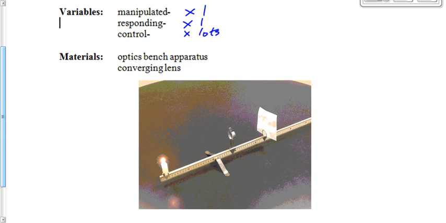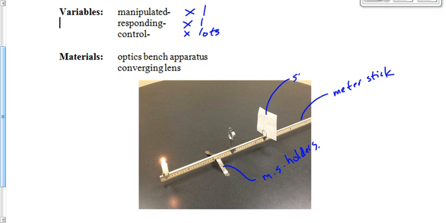So what's this lab going to look like? You're going to have an apparatus that's called an optics bench apparatus, which actually consists of a number of different parts. You can see the diagram or the picture of it there. This optics bench apparatus consists of a meter stick and two meter stick holders. It also consists of a screen, which is really just a cardboard cutout, and a screen holder.